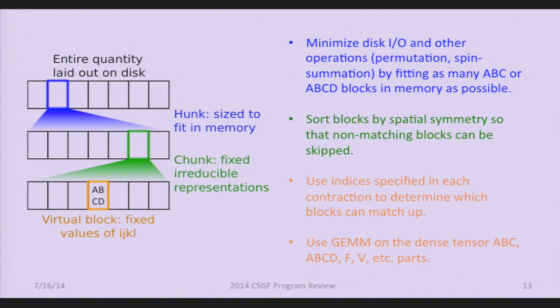And then of those, we can further chop it down based on spatial symmetry. You know, does the molecule have a plane of symmetry, things like that. And further chop it up and chop it up and chop it up. Eventually, we get down to the blocks. And this hierarchy of structure is going to allow you to stage data in and out from disk and to define what chunks of data you pass between processors. And it tells you essentially what your algorithm is going to be. So the data structure really drives the algorithm here.